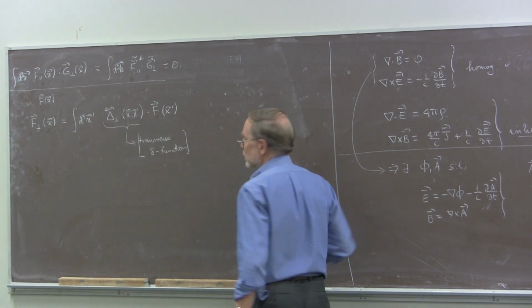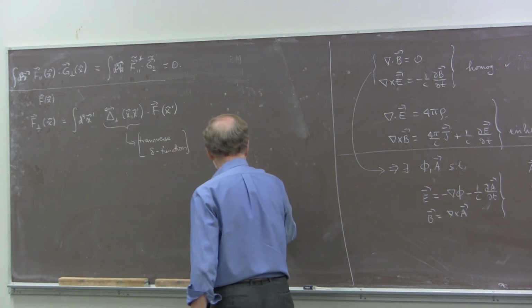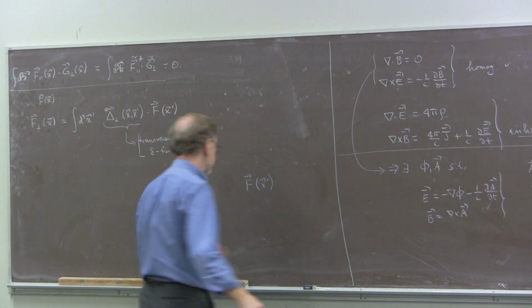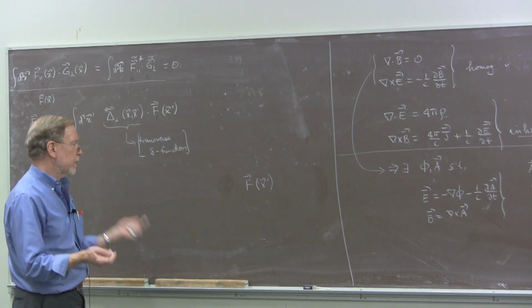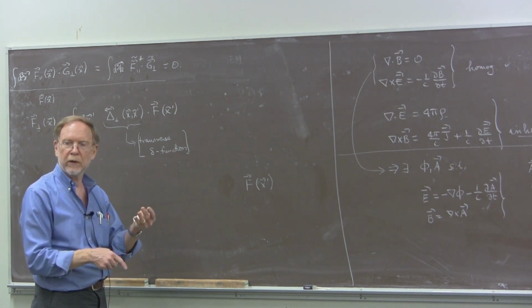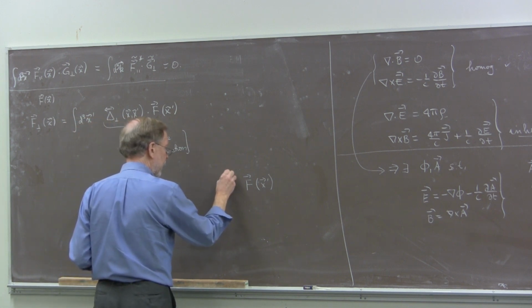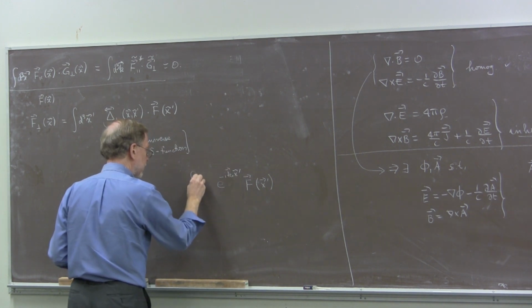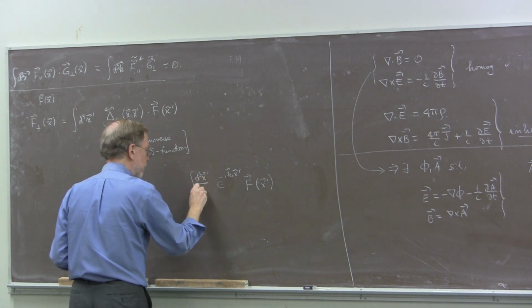It's really a direct application of the definition. Let me start with a vector field, and write it over here to the right, to give myself enough room: f evaluated at point x prime. Suppose this is a given vector field in real space. If I want to project out the transverse part, the procedure is Fourier transform it, do the projection in K-space, and Fourier transform back. To Fourier transform it, I multiply by e to the minus ik dotted into x prime, and then do the integral d cubed x prime divided by (2 pi)^(3/2).